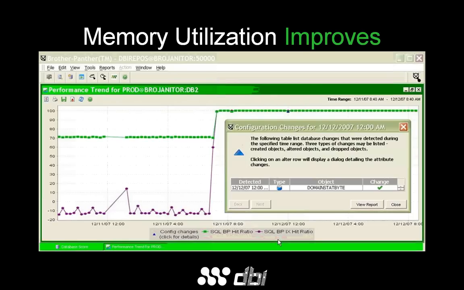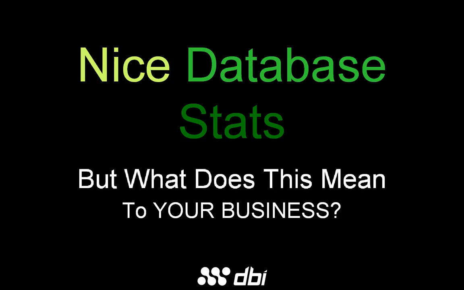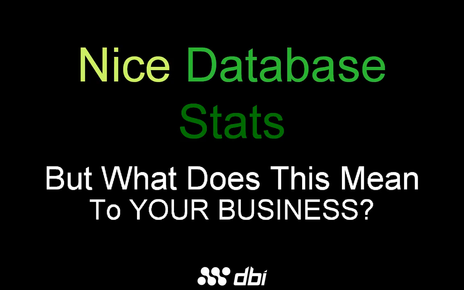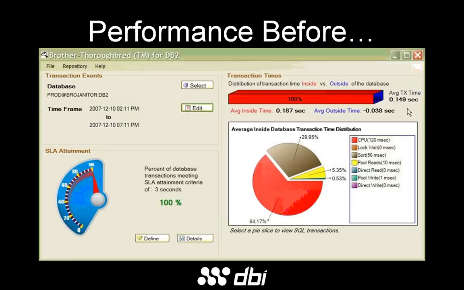Memory utilization improves. Look at the improvement in buffer pool hit ratios. Expensive sorts are reduced. Look how the number of sort overflows has fallen. These sure are nice database statistics, but what does this mean to your business?